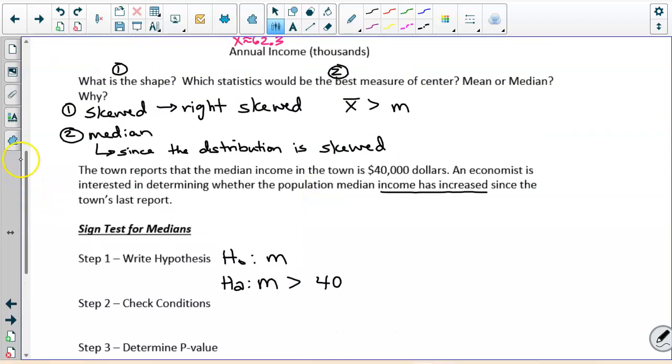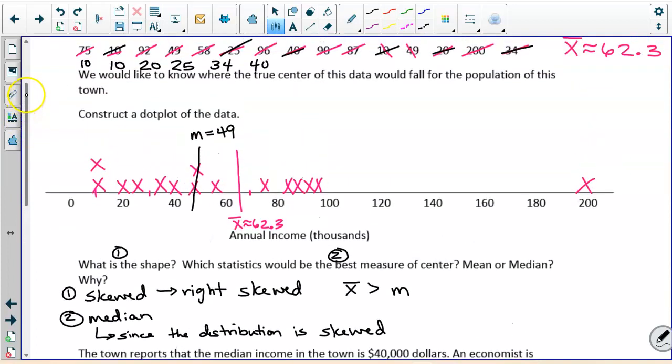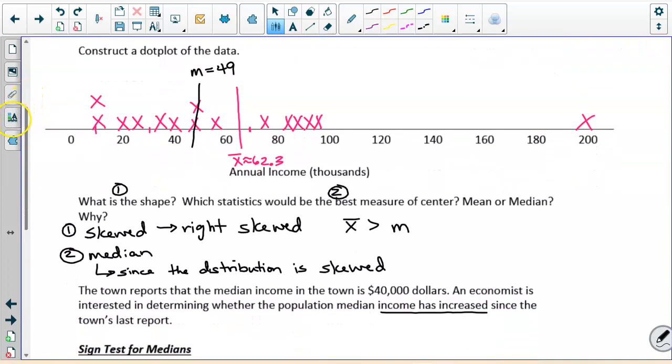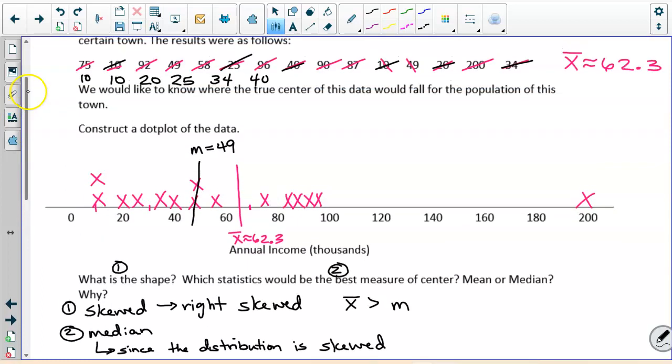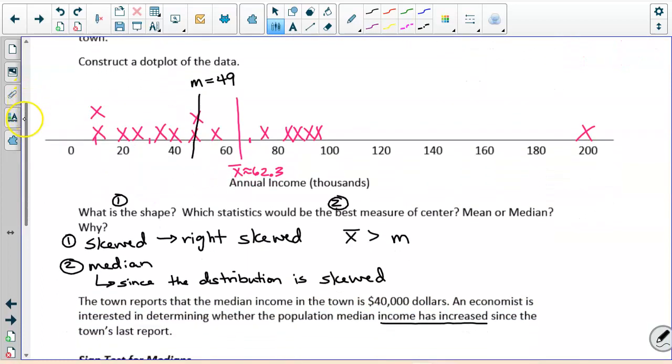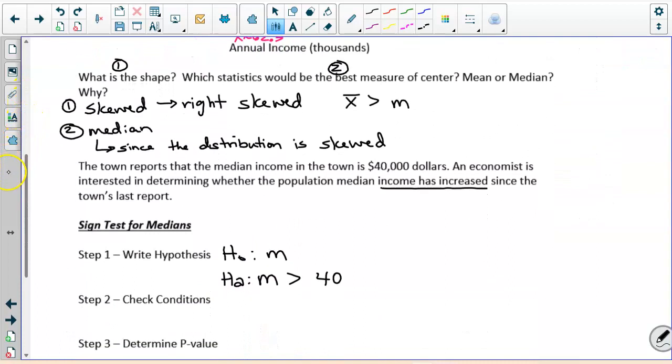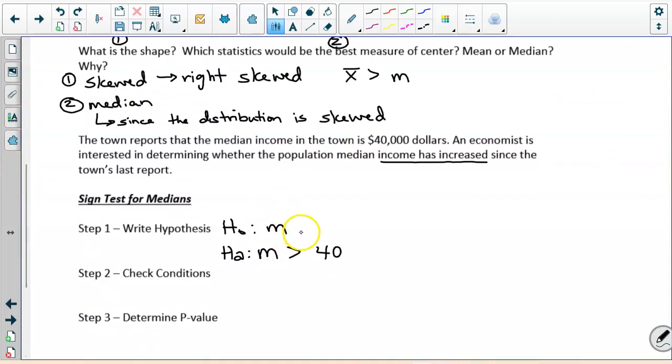Everybody see that? Instead of putting 40,000, because these are given in thousands of dollars, I'm just going to put 40, okay? We want it to be consistent. So then the null would be median is less than or equal to 40.